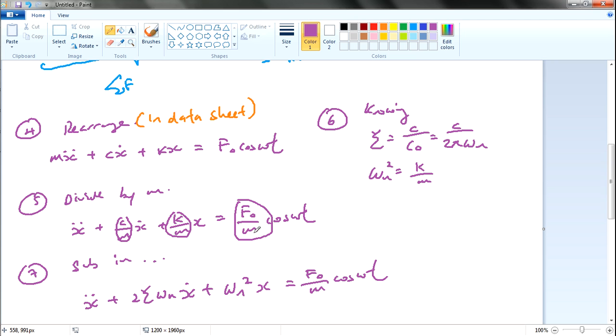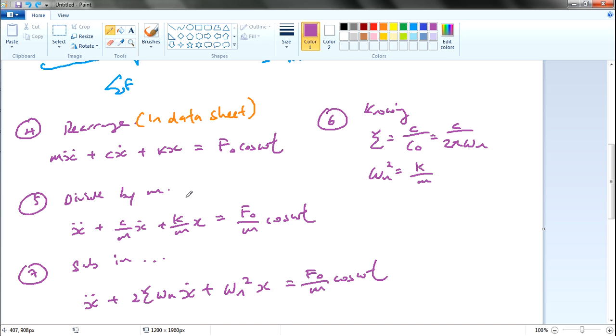For f naught cosine omega t, you just put it divided by m. Otherwise it's very hard to identify. This is why we typically write in terms of a constant divided by m. So this whole thing is a constant, and you can easily find a substitution for it.